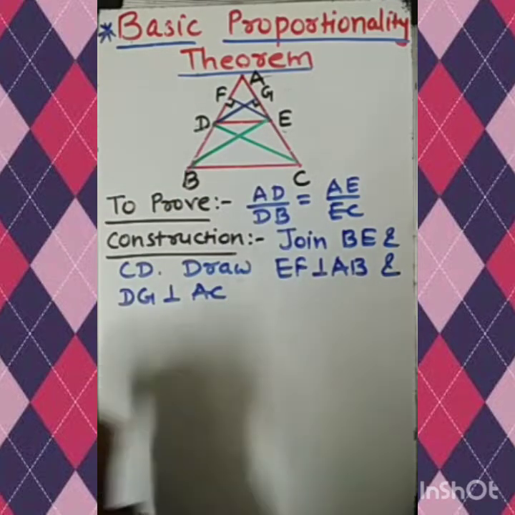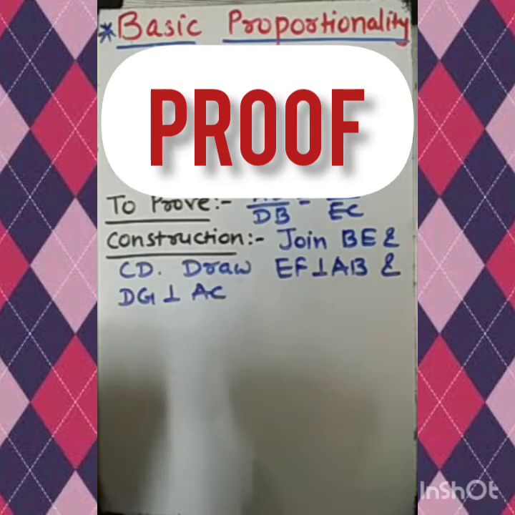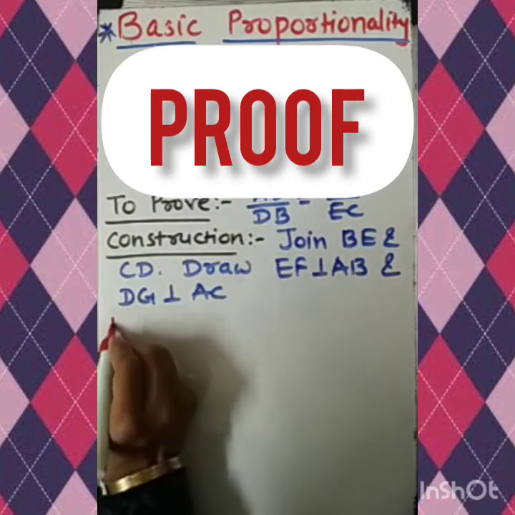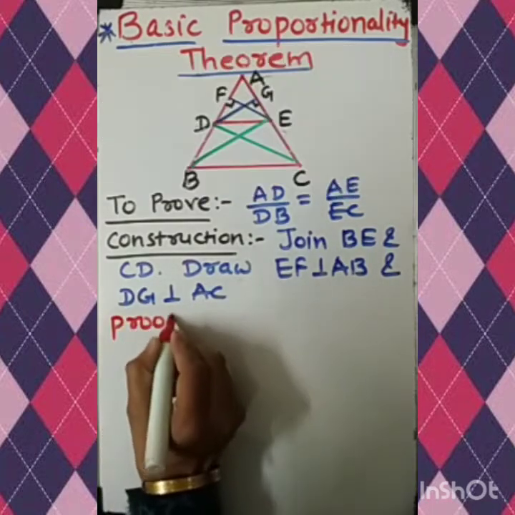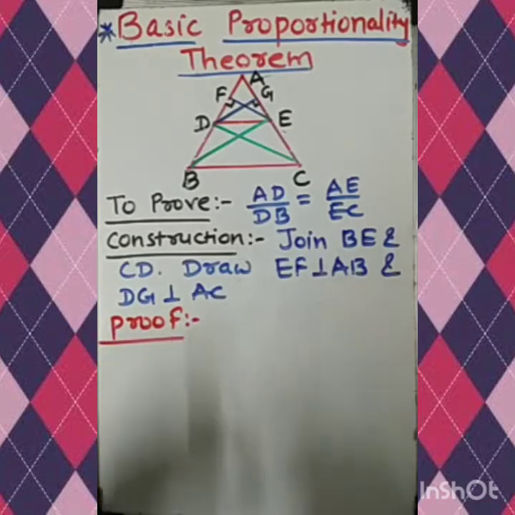Now let's work out the proof. We will discuss the area of a triangle all the way. We know how to find the area of a triangle. Now we are going to apply that.